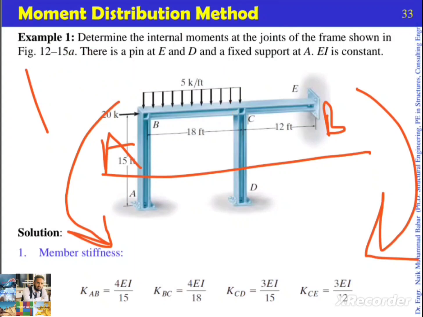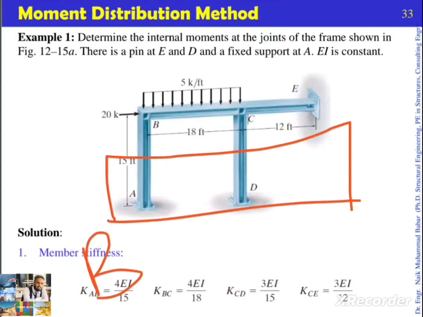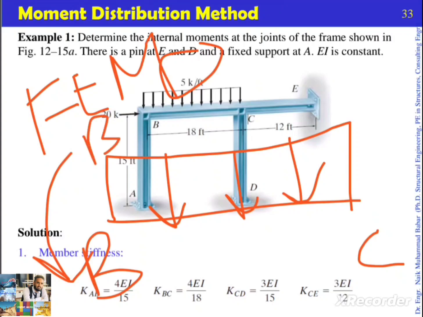Now we will calculate the fixed end moment for the BC span. I want to take only this span, so this is joint B and joint C. A uniformly distributed load, UDL, of intensity 5 kip per feet is applied. The span length is 18. So the fixed end moment from this side will be fixed end moment BC, and from this side will be fixed end moment CB.